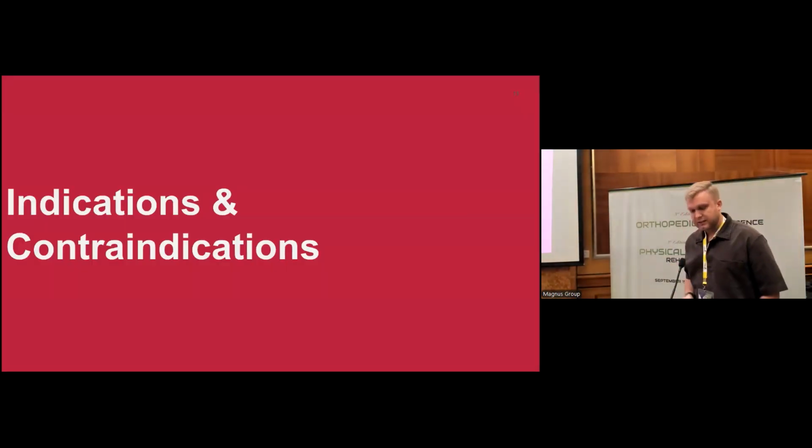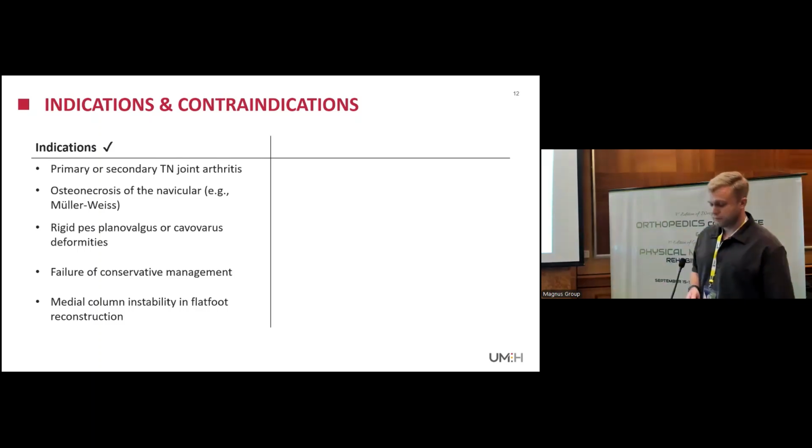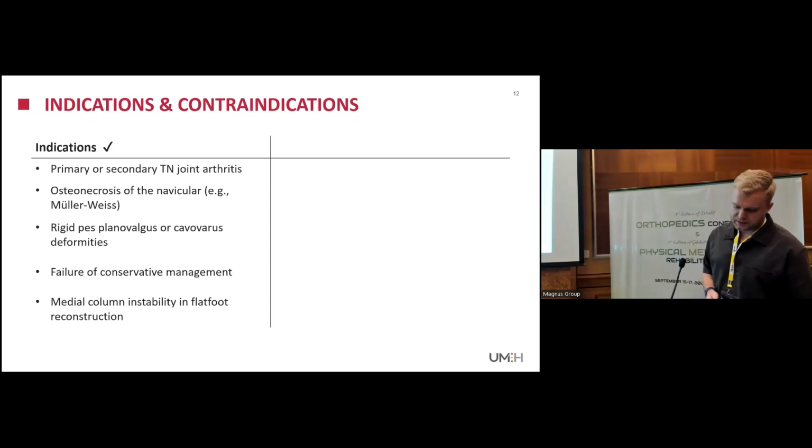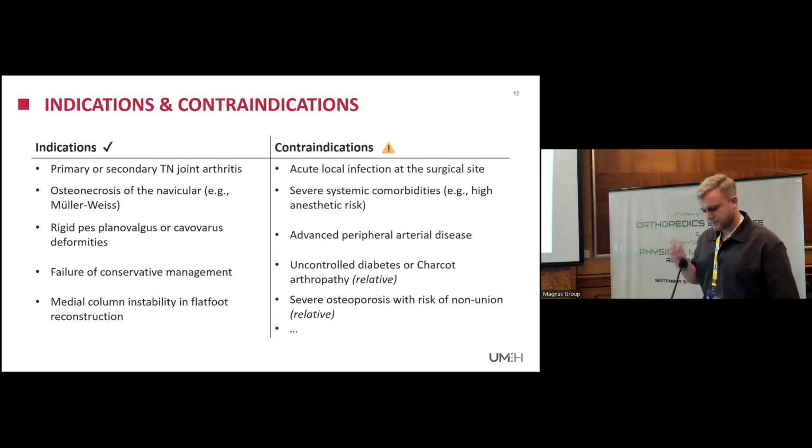So what about the indications and contraindications for doing the TN arthrodesis minimally invasive? We have primary and secondary TN joint arthritis, osteonecrosis of the os naviculare, rigid pes planovalgus or cavovarus deformities, failure of conservative management, and medial column instability and flatfoot reconstruction.